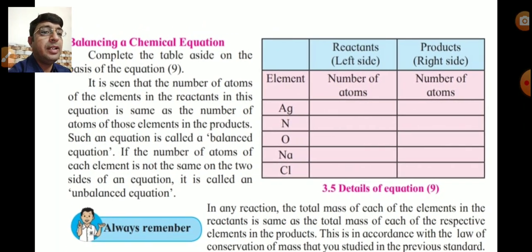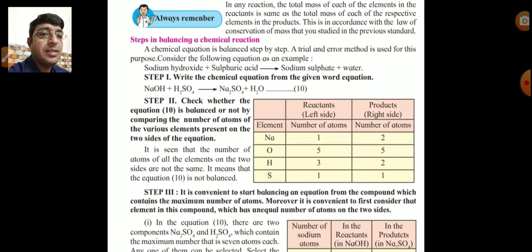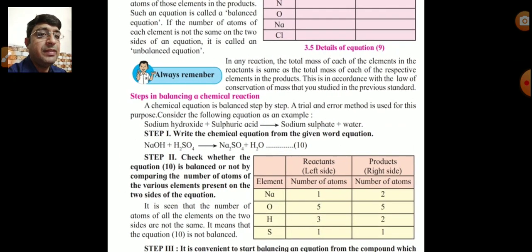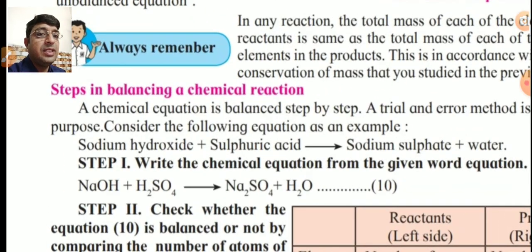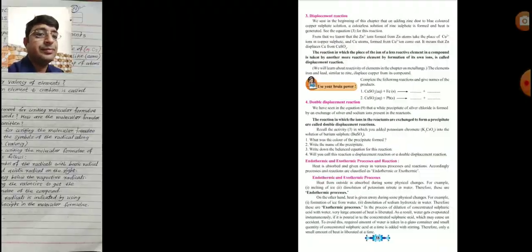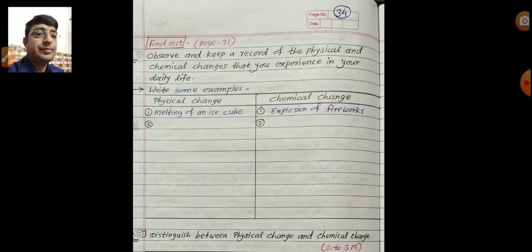What is equation 9? That is given on the previous page. It is seen that the number of atoms of elements in the reactant in this equation is the same. So you count the number of atoms. So both these points we learn, and steps in balancing a chemical reaction.